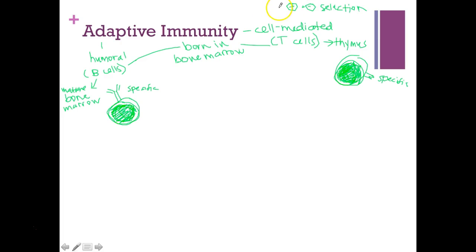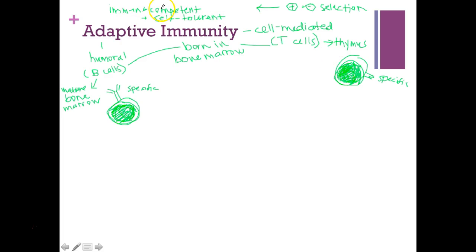That's going to be involved with positive and negative selection, which is going to give us immunocompetent B and T cells and self-tolerant B and T cells. What does that mean?